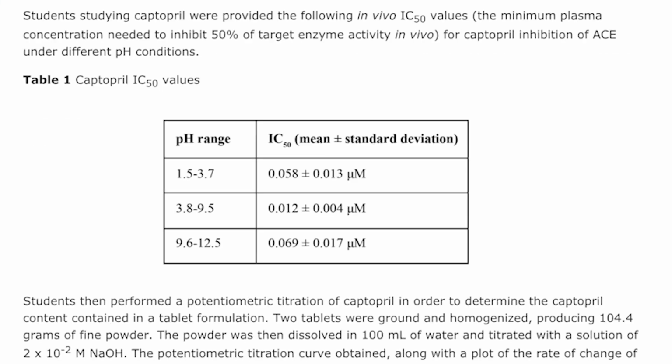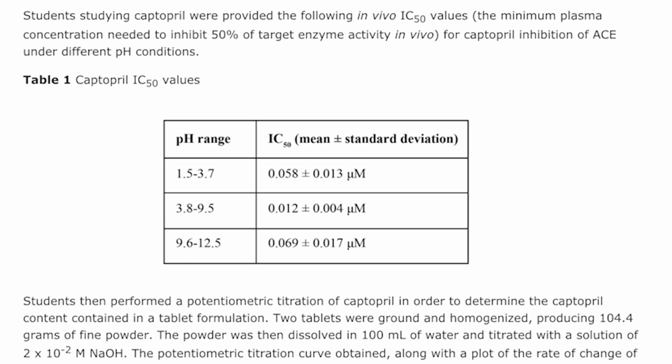And then the table, if we go back to the table, those are all in micromoles for the IC50. And so it's saying what mass of captopril must be dissolved in 3 liters of plasma at pH of 7.4. So we're given the pH here, for 7.4 is that 0.012 plus or minus the 0.004 micromoles.